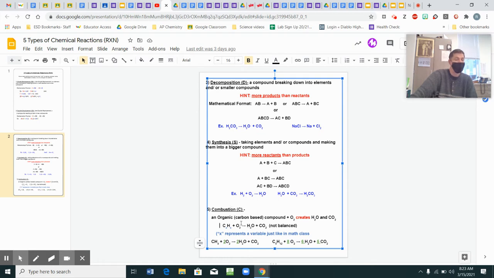A combustion reaction will always make H2O and CO2. Always. Every single time, it will make H2O and CO2. Guess which are the things students forget? That it makes H2O and CO2.